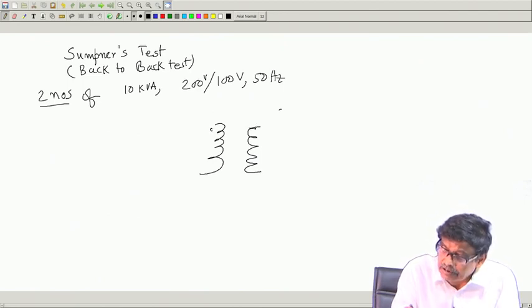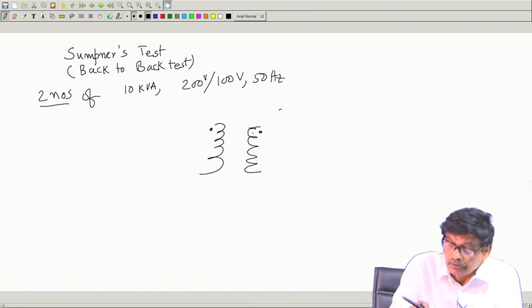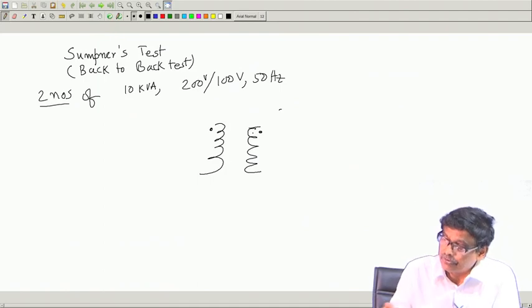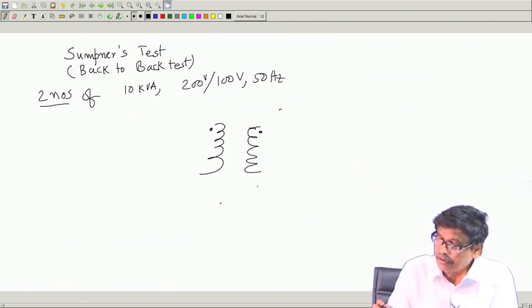Suppose I know the dots. Even if you do not know, you have to do either of these two tests to find out conveniently. This is transformer 1.